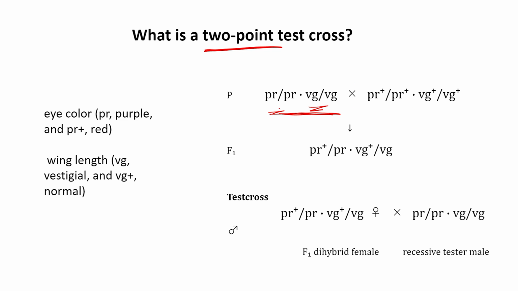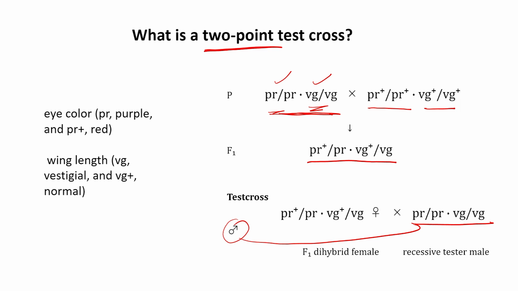We have a purple eye and vestigial wing Drosophila, and a wild type eye and wild type wing Drosophila as parents, and in the F1 generation we have heterozygotes. When we cross these heterozygotes with the tester male, we analyze the progeny, and that is when we start seeing the new combinations in the test process.